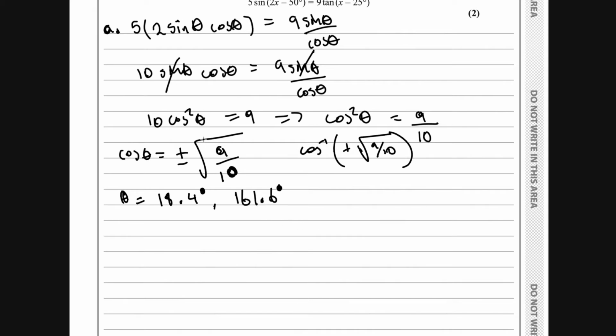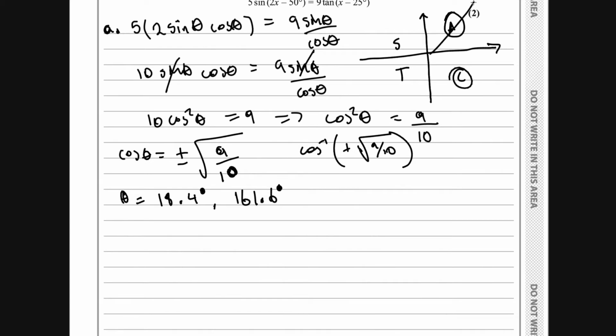Okay? But what we really need to realise is that there are other solutions that are equivalent to these angles that are within that range as well. So for that, I'm going to use the help of a handy CAST diagram. For this one here, because we had obtained a positive root 9 over 10, we're going to be focusing on these regions here.